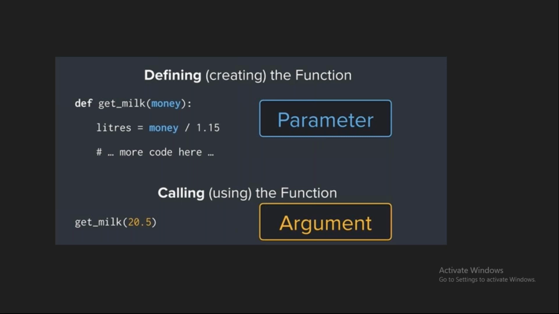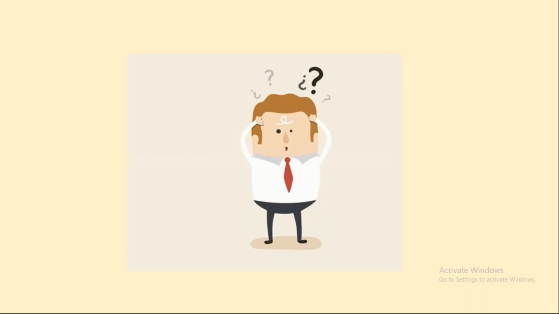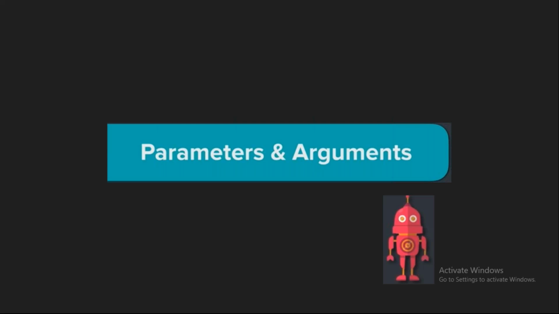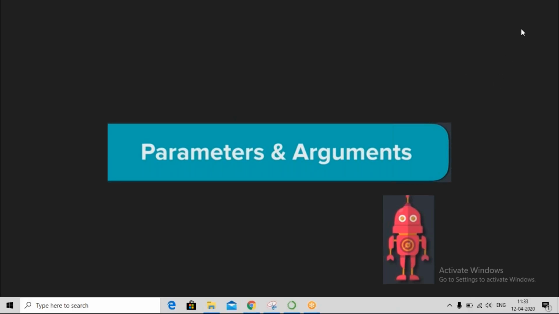Sir, in other languages like C++ or C, while defining a function and telling it about the parameters, we can tell it that this one should be an int, this one should be a float, and so on. Is there no way to do that in Python?